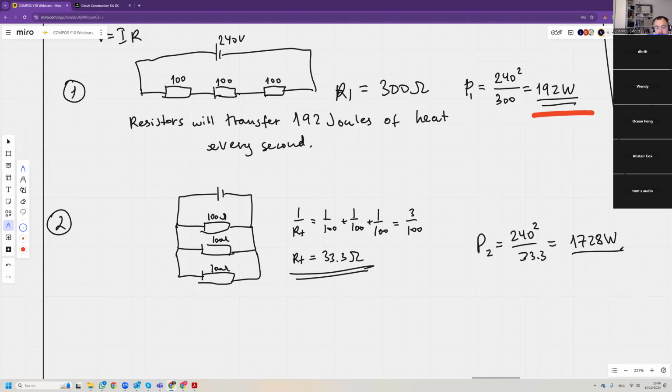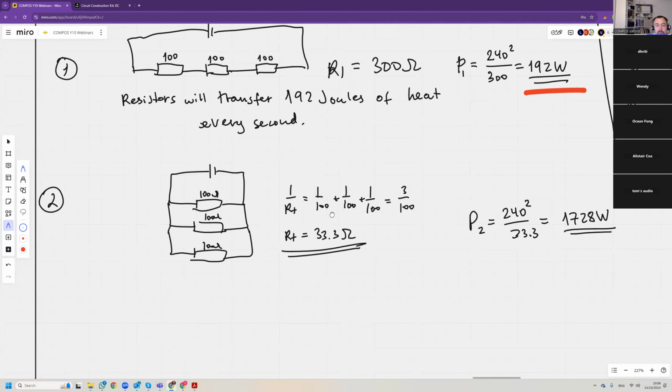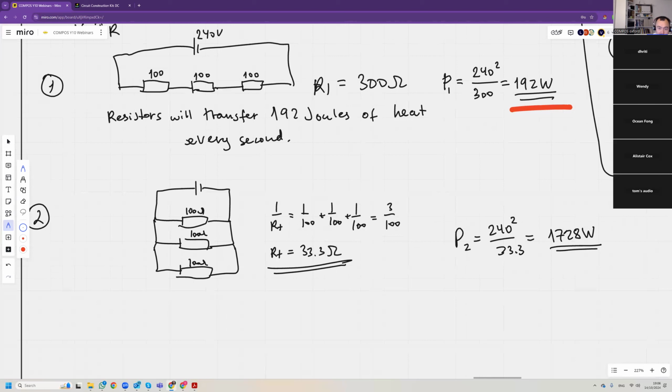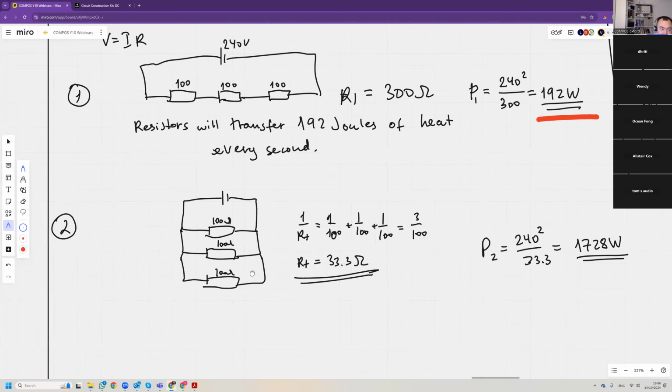That means 3 resistors in parallel would produce 1,728 joules of heat every second. So these would be much hotter. This system would give you much more energy.